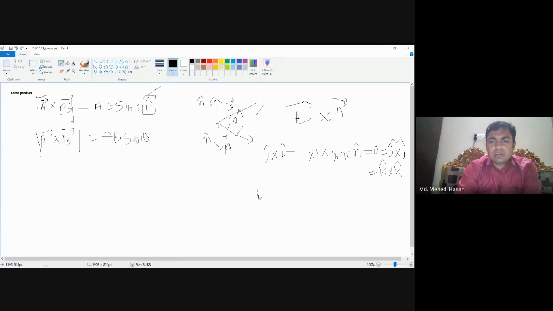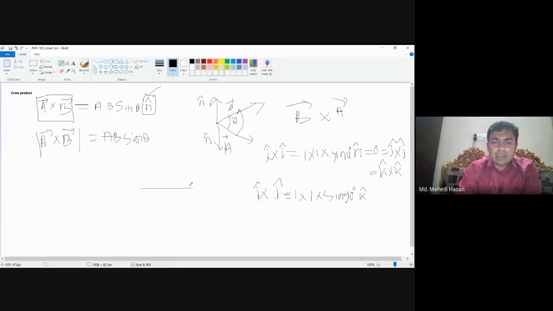Now if you consider different unit vectors, I cross j, so here the answer is 1 into sine 90 degree. So sine 90 degree is 1. Now n cap, so here n cap will be the remaining unit vector besides I, j. So the remaining unit vector is k.